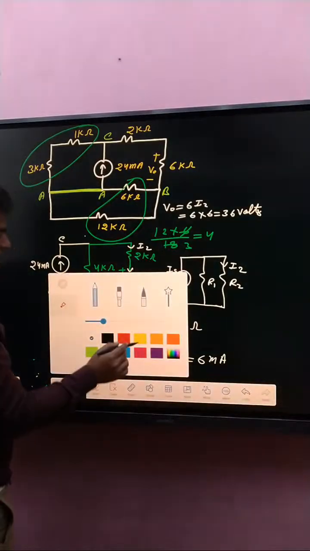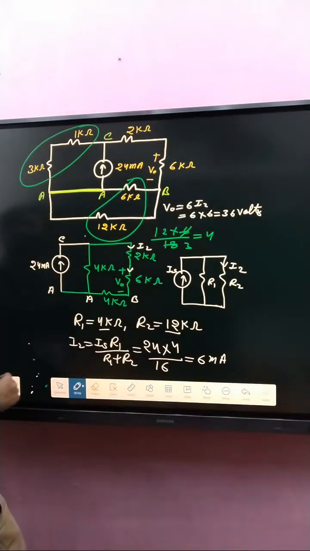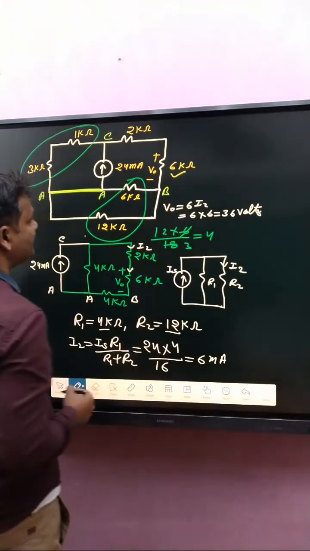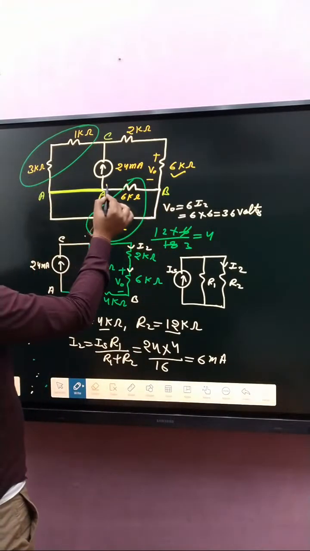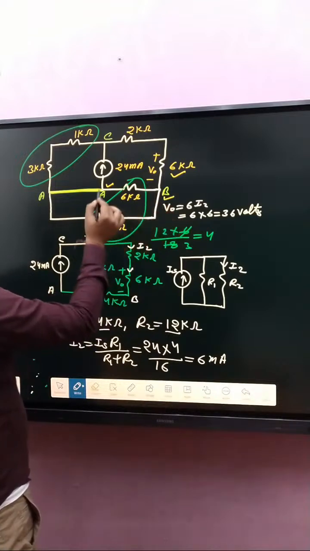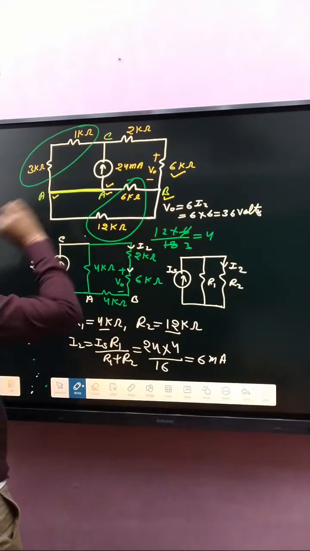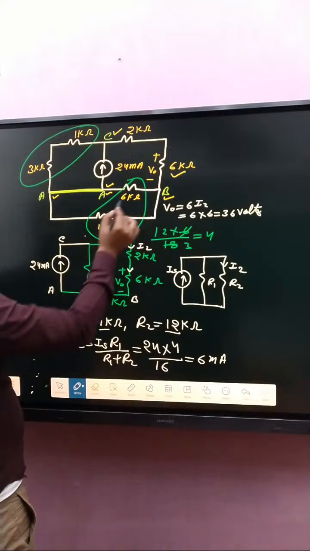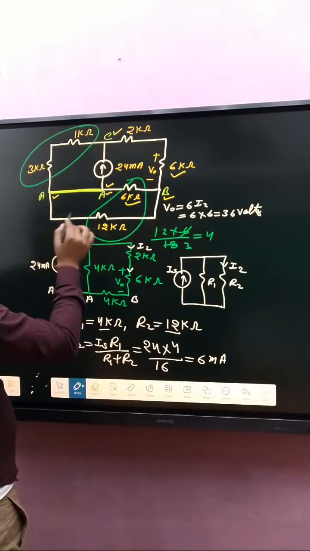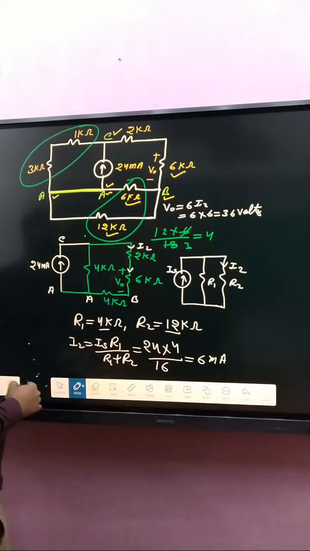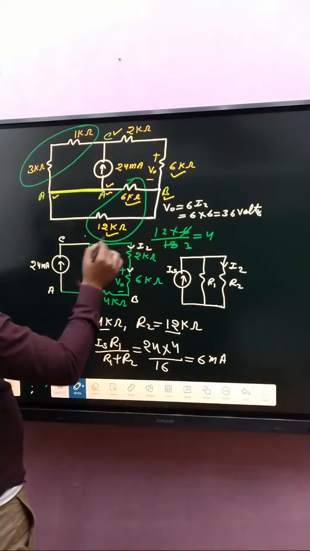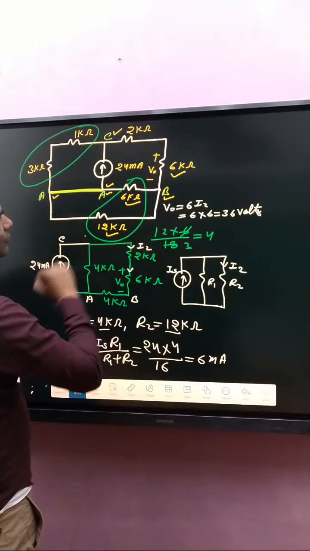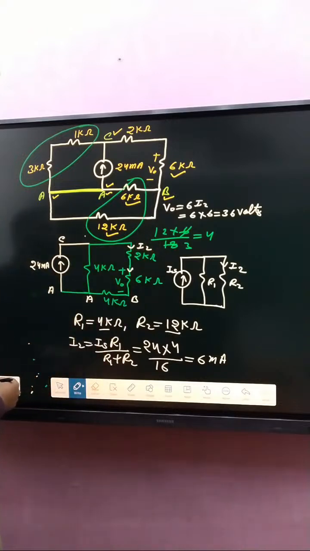Okay? Now, first of all, our target is V naught. So that's why we have considered that node A and that node B. If this was A, that's also A, and that node C. After that, A to B 6 kilo ohm, A to B other 12 kilo ohm, both are in parallel. So the combination of these two is how much? 4 kilo ohm.